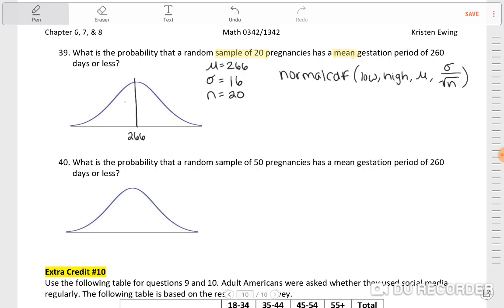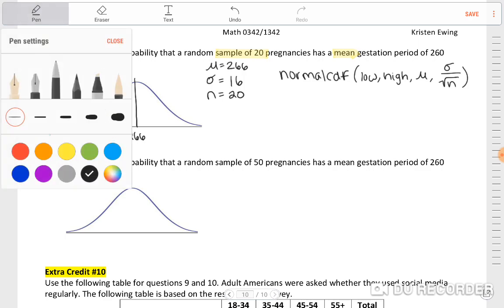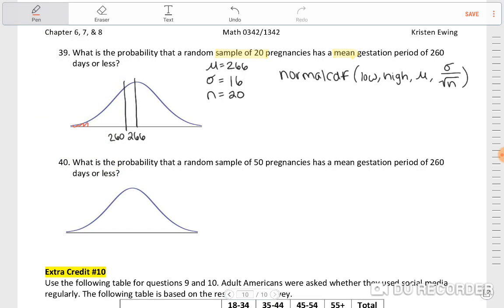Okay, so now let me put my 260 over here. So mean gestation period of 260 or less. So same shading as the previous problem, and it will be like that on your test too. I'm not doing weird trick stuff. Okay, so we will put in normal CDF. My minimum value is -1e99.